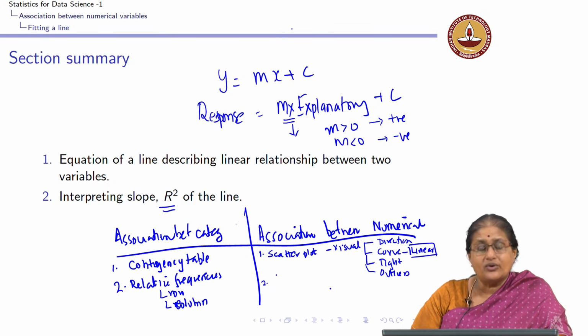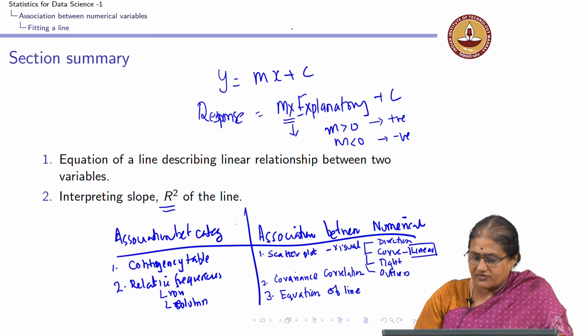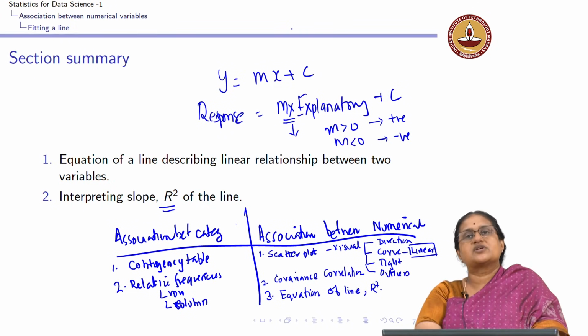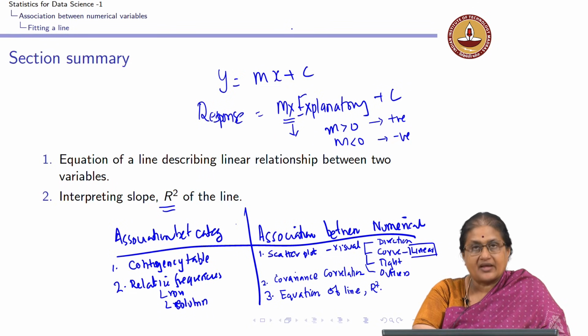Now, if I want to know the strength of this association, I introduced 2 main numerical measures which were covariance and correlation, and finally, we also looked at how to summarize or describe this linear relation through an equation of a line. We introduced the concept of R square, which is nothing but the goodness of fit measure.